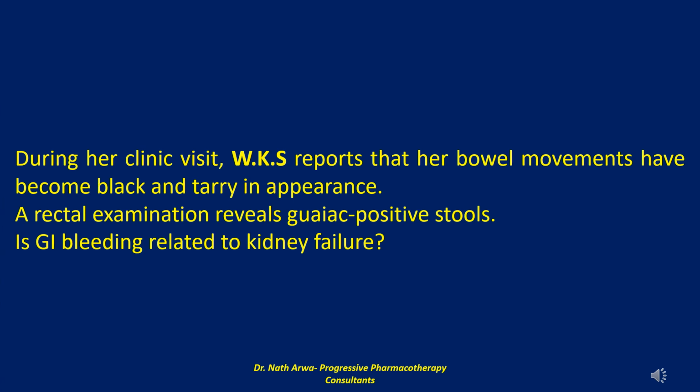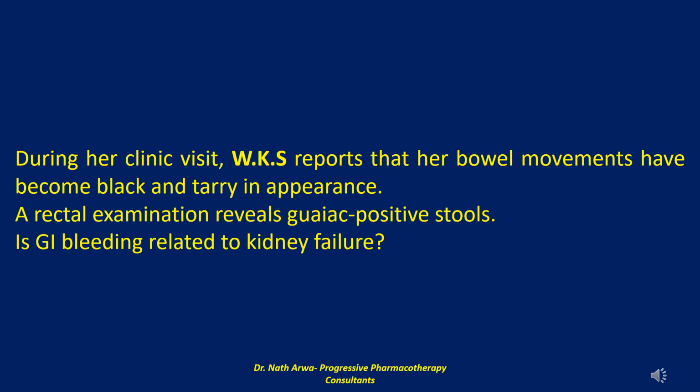Patient WKS should be evaluated for peptic ulcer disease and lower gastrointestinal bleeding. Uremic patients are at risk for bleeding from mucosal surfaces such as the stomach. Angiodysplasia of the stomach and duodenum, as well as erosive esophagitis, are the most common causes of bleeding in patients with CKD.